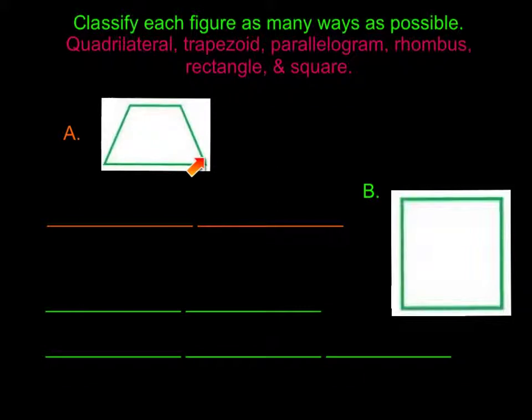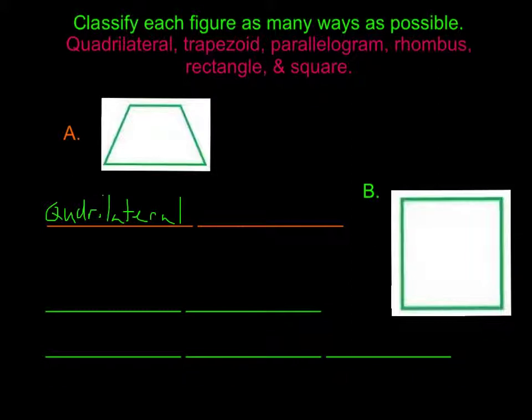So it's going to be a quadrilateral. So on the line, I'm going to write quadrilateral. It is classified as a quadrilateral, once again, because it has those things.